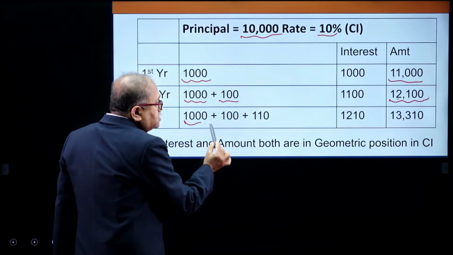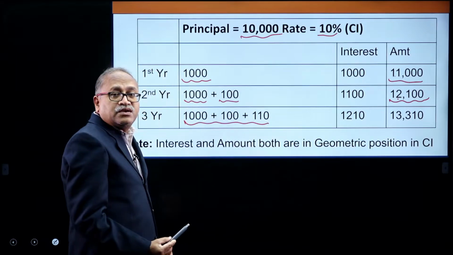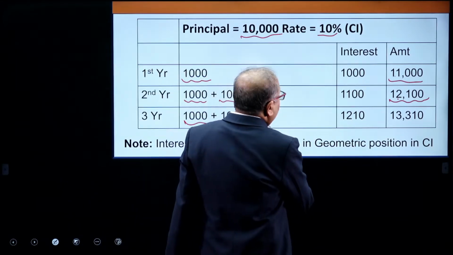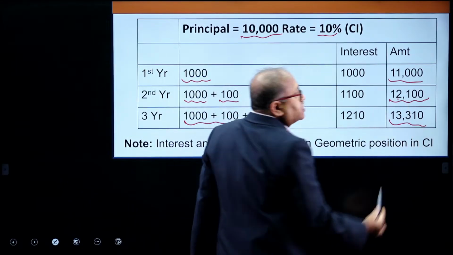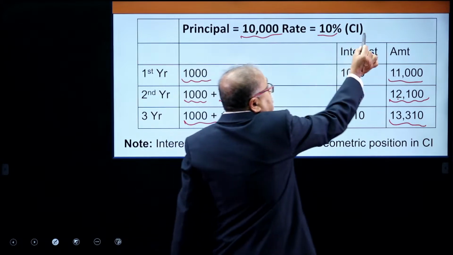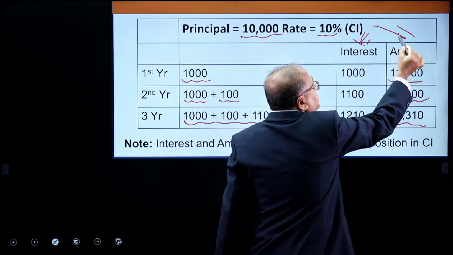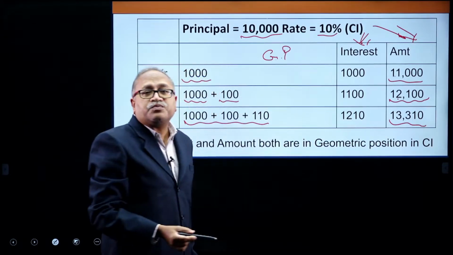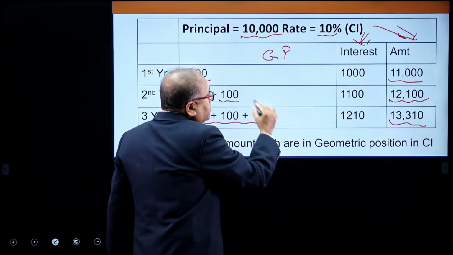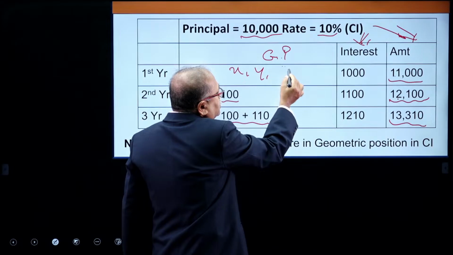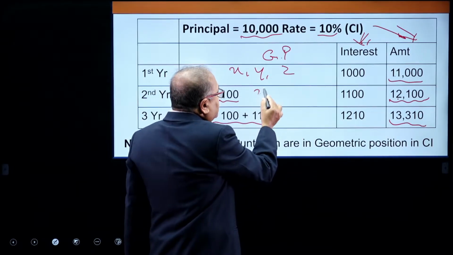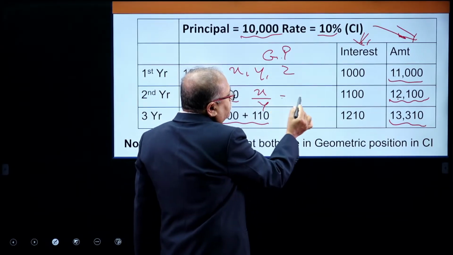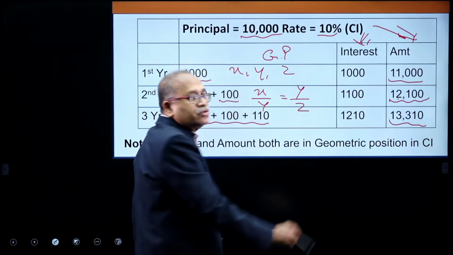Then again this is your third year interest, and when you add the third year interest, you are getting the fourth year interest. Here the interest as well as the principal are in geometric progression. What is geometric progression? If x, y and z are in geometric progression, that means x by y ratio will be equal to y by z ratio.